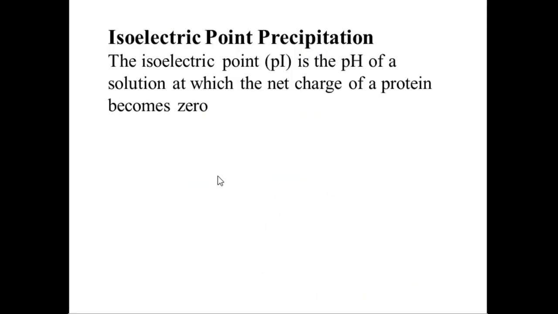Okay. Next we have another form of precipitation, which is referred to as isoelectric point precipitation. We know that the isoelectric point, or the pI, is the pH of a solution at which the net charge of a protein is 0.